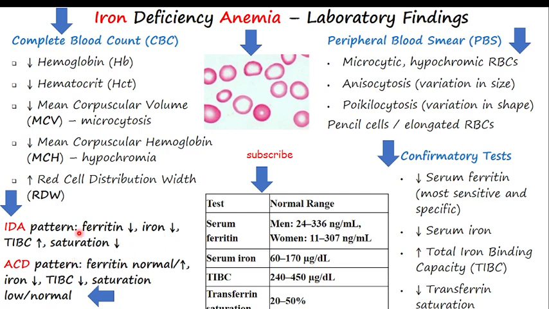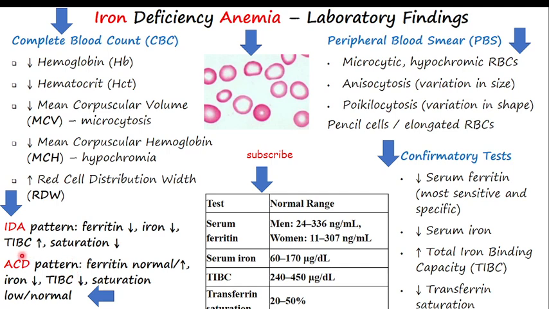Then iron: in iron deficiency, of course, iron is decreased, but even in anemia of chronic disease, iron is decreased. Why? Because of inflammation or chronic infection, iron is not released from storage in the ferritin form. So iron is decreased in both cases.